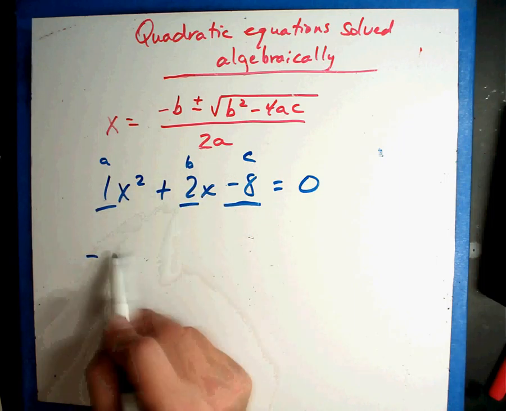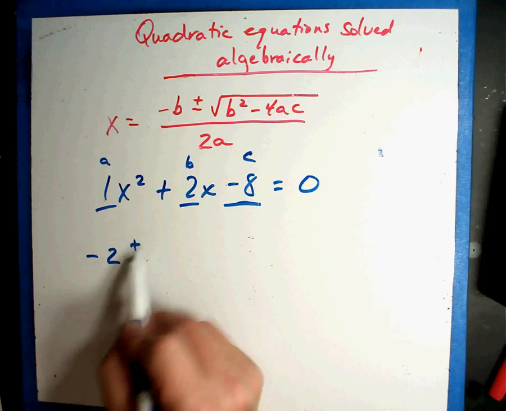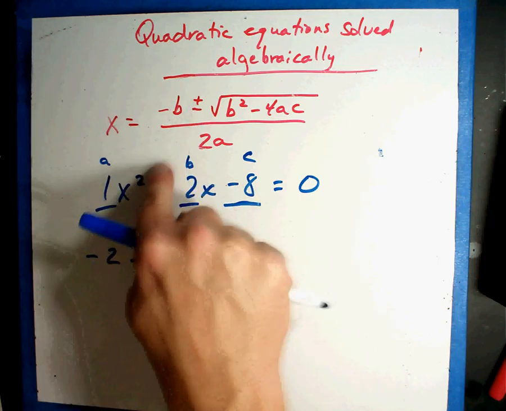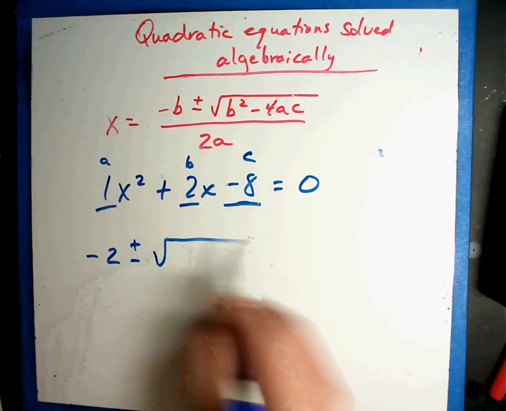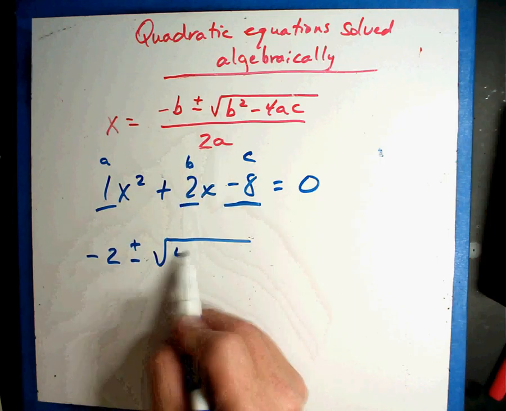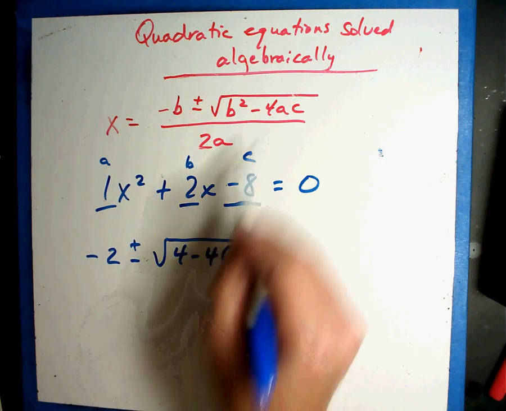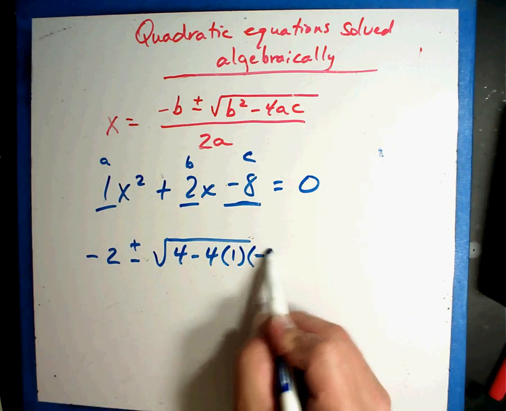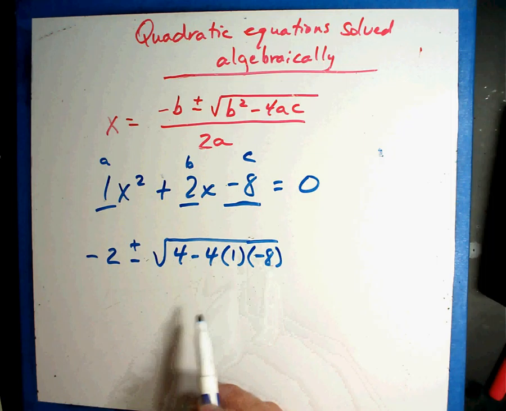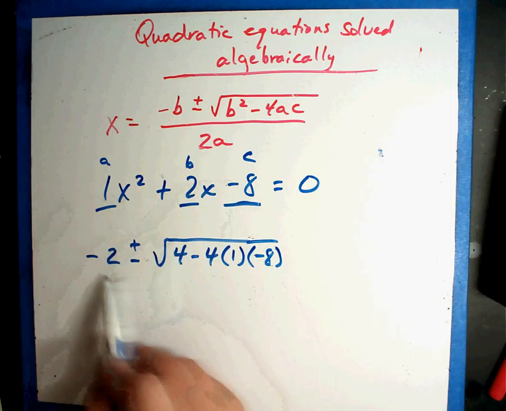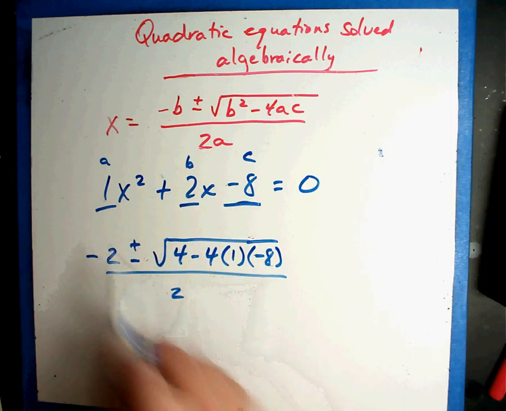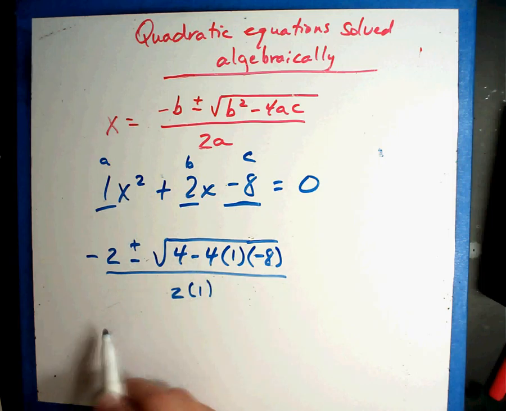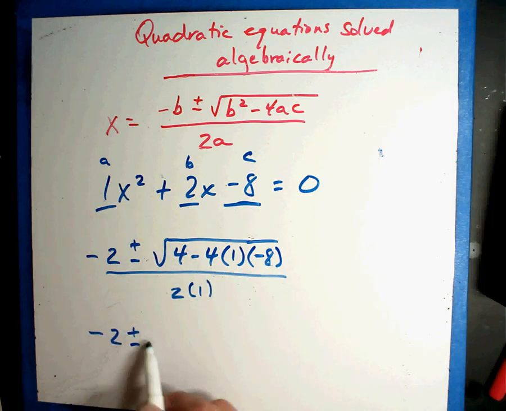Minus B, that's 2. Plus or minus, I'm just using this formula right here. Square root of B squared, 2 times 2 is 4, minus 4 times A, that's a 1. C, -8. All I'm doing is plugging the numbers where they go. A's, B's, and C's over 2 times A, which is 1. So -2 plus or minus the square root.